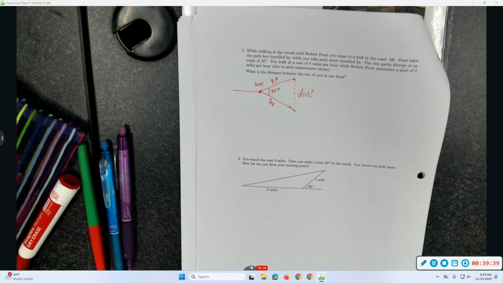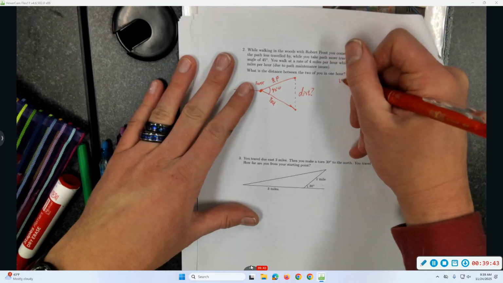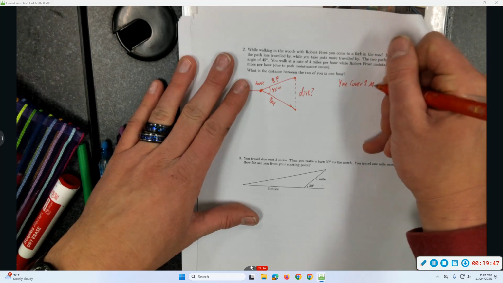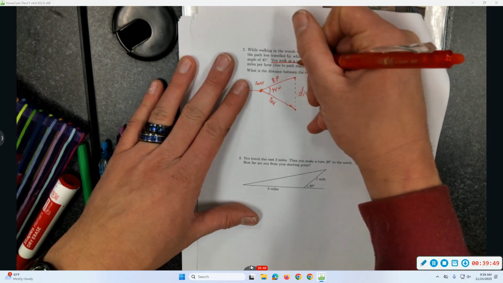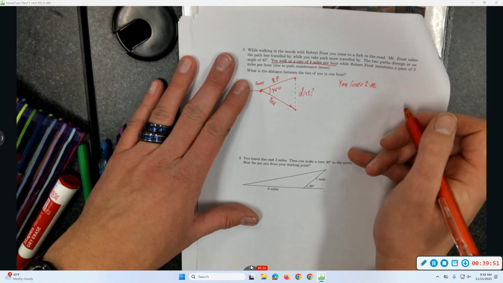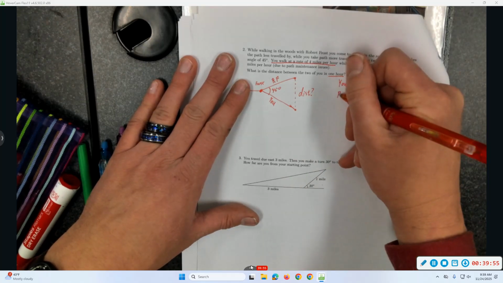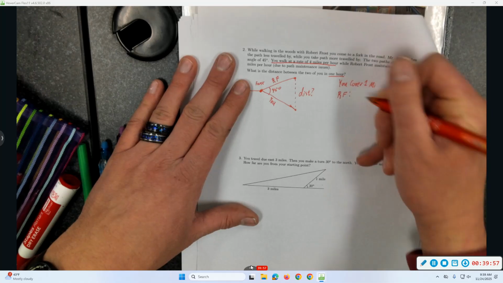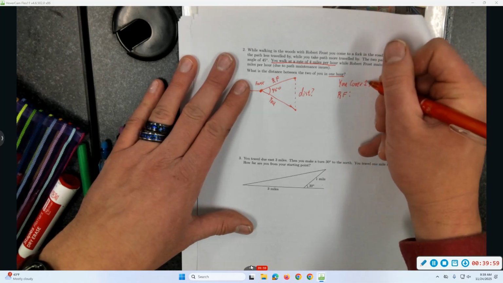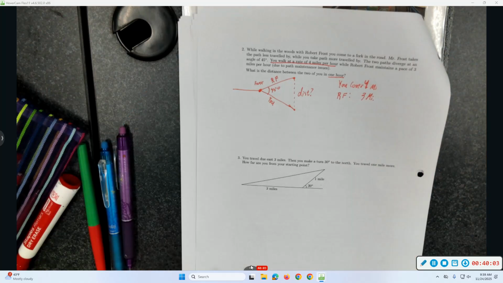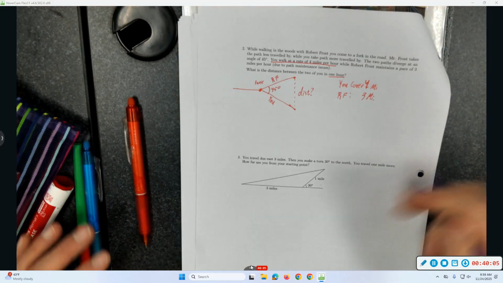Going from speed to distance is even going to be easy this time. You walk at a rate of 4 miles per hour and you travel for 1 hour, so you cover 4 miles. Let's add those to the diagram.